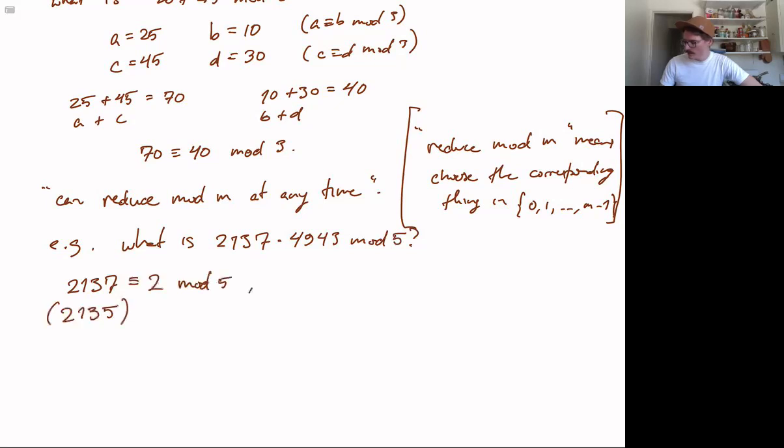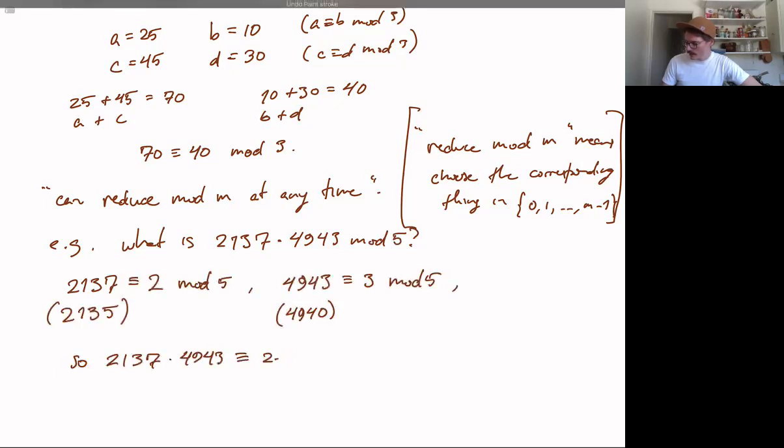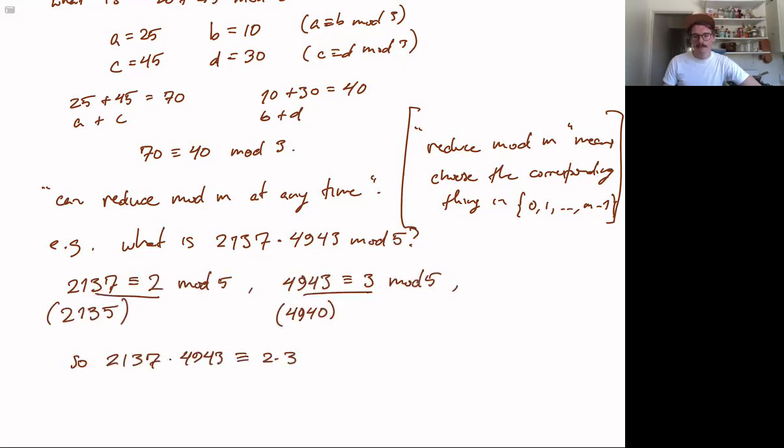Mod 5. And this thing, again, the smallest multiple of 5 less than it is this. So this is congruent to 3 mod 5. So this big product that we don't want to have to evaluate is going to be congruent to 2 times 3, because we can just replace both of these things.